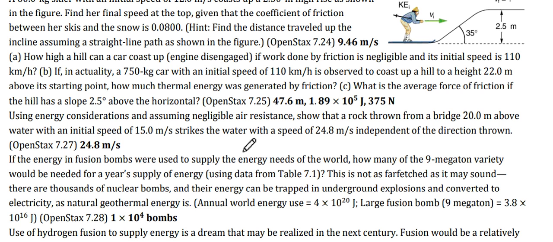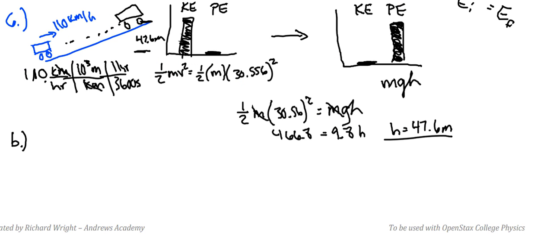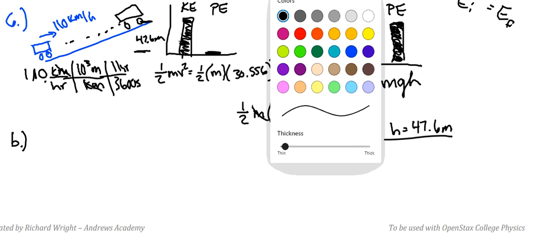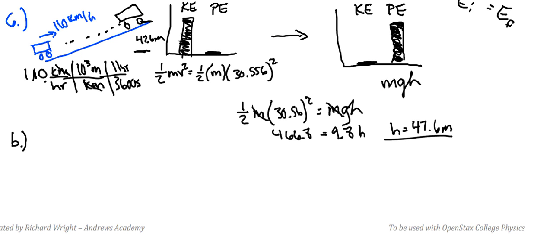So part B says, in actuality, we don't have this perfect situation where all of that energy that was kinetic becomes potential. In reality, only some of it becomes potential because there's some work being done by friction that is negative, taking energy out of the system and putting it into heat.